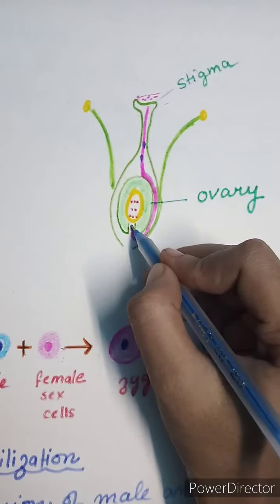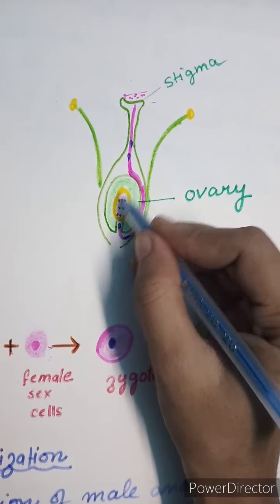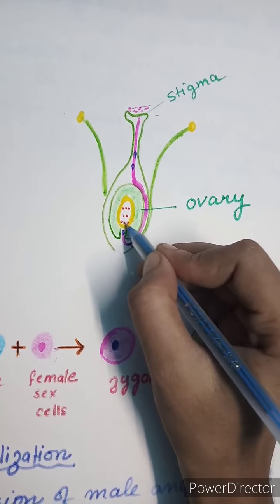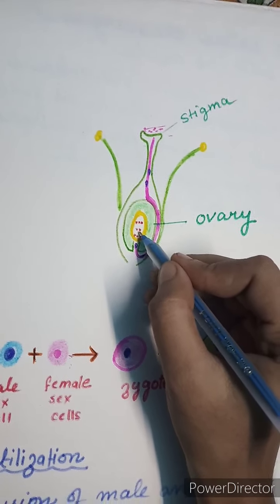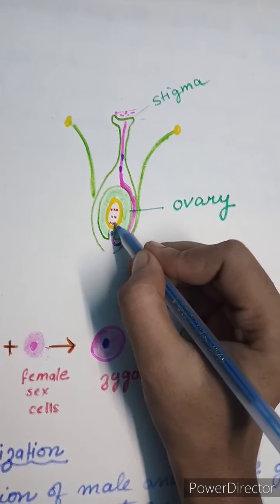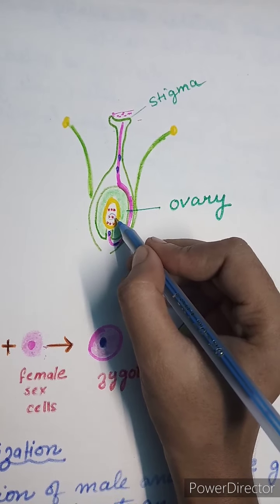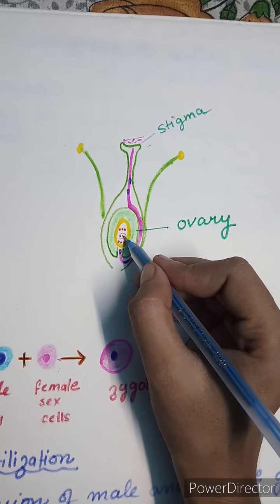Now what happens as it enters? This is a female sex cell, the ovule. It has egg cells. These are egg cells. These are called central cells, the middle ones, or they are also called polar nuclei.